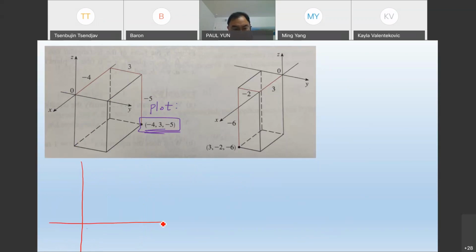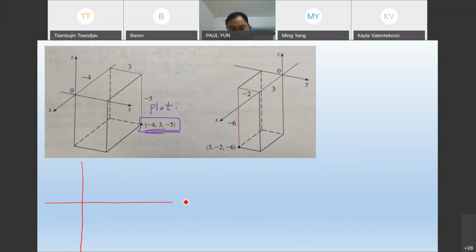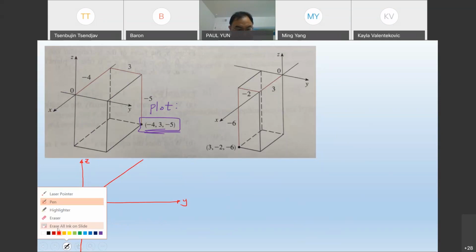I need more space. Negative parallel. Look at this tally here.